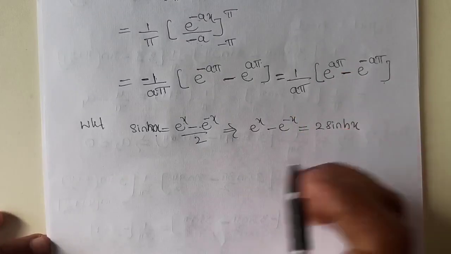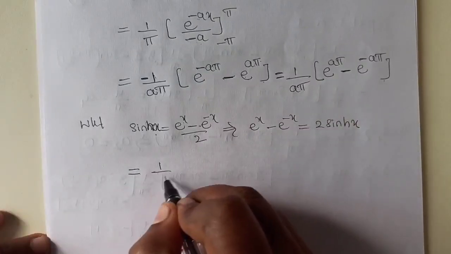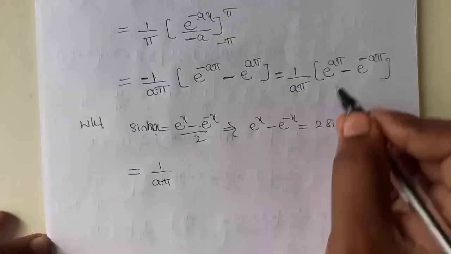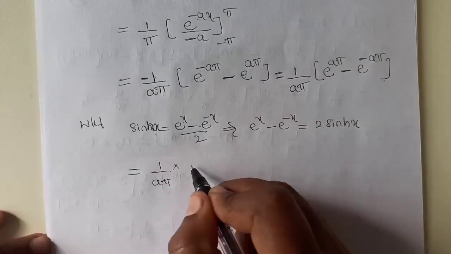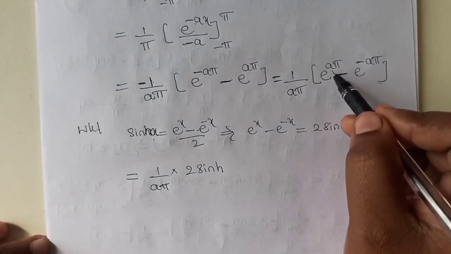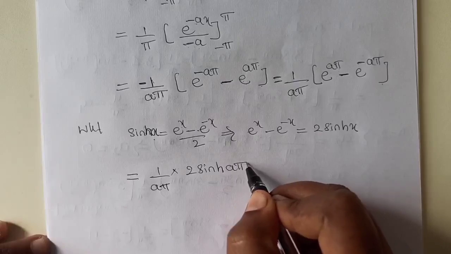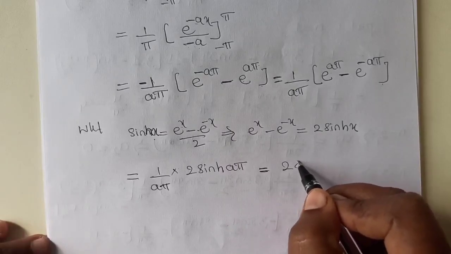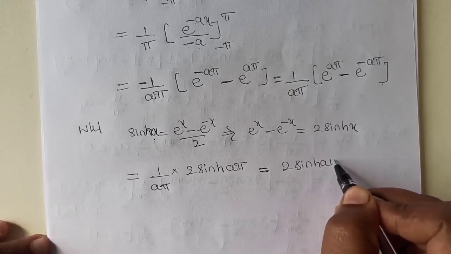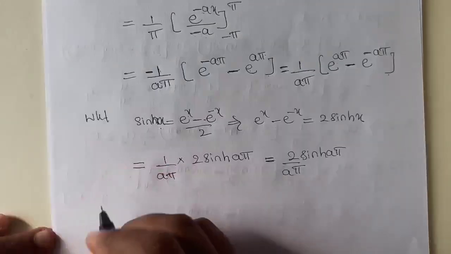By using this formula we get 1/(aπ), and this can be replaced by 2 sinh. Instead of x we have aπ, therefore we write 2 sinh aπ, that is, 2 sinh(aπ)/(aπ). So this is the a₀ value.